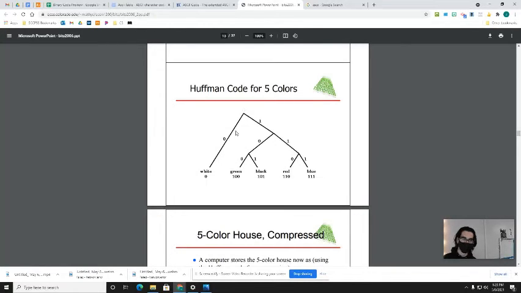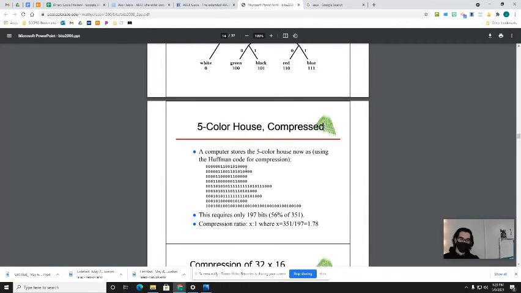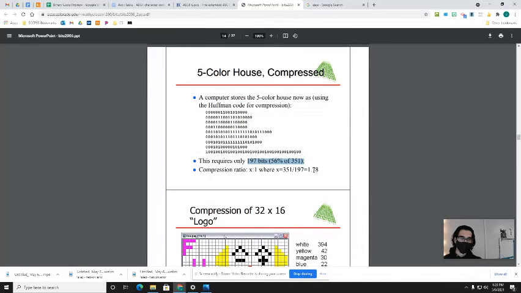So 0 is white, 111 is blue, 110 is red, 101, 100 is green, 101 is black. And so we can compress that to look like this. And that only requires 56% of what it was before.